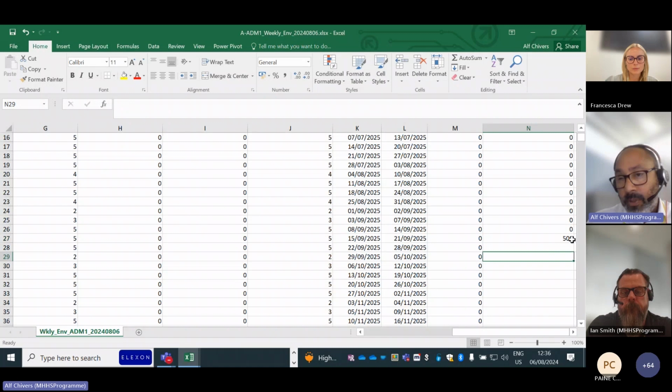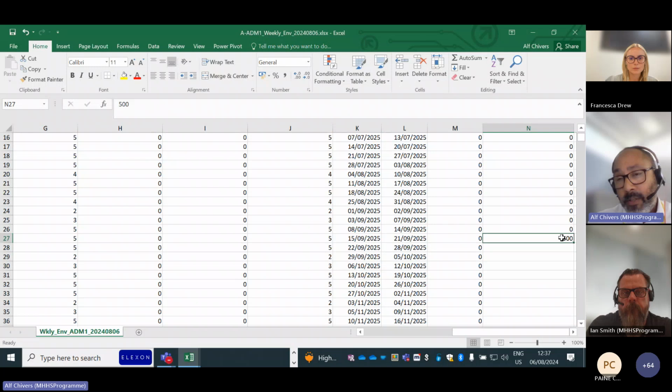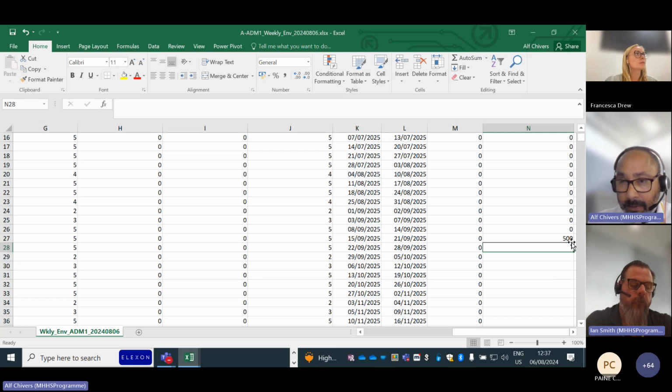And that could be spread over the week. And if we look at this week here, there's 5 migration days. So that could be 100 a day, for example, or it could be 200, 250 over 2 days in reality, but we're only planning at a weekly granularity. We don't require that detail at this point, because we're looking at the feasibility across all submissions at this level.